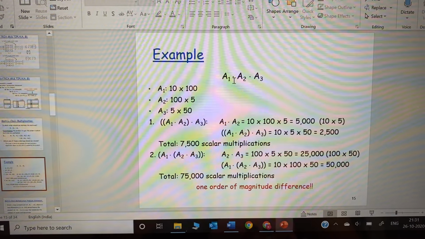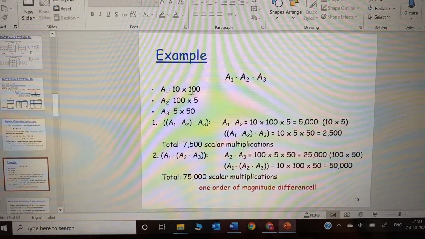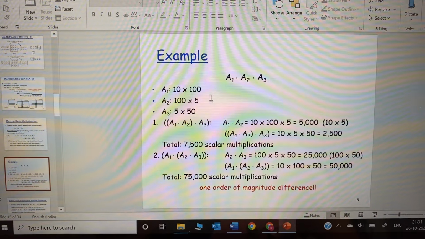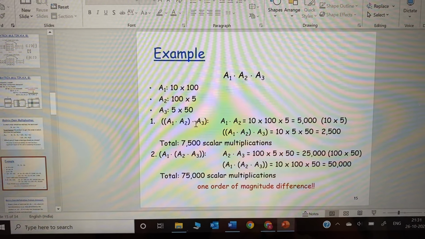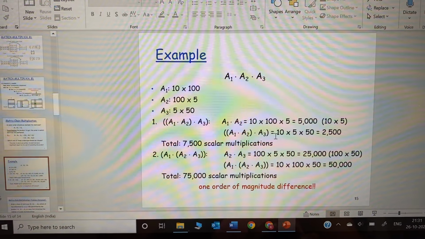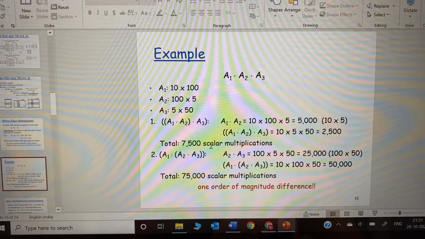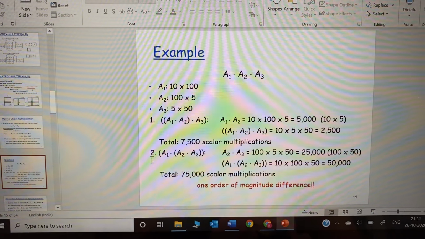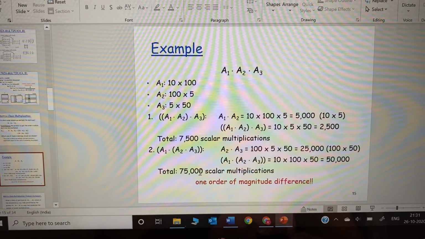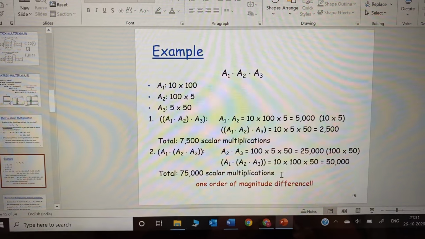If we take A1, A2 and A3 with sizes 10 by 100, 100 by 5, and so on, and we take the first type of series, we have a total of 7500 multiplications. In the second case, we have 75,000 scalar multiplications.